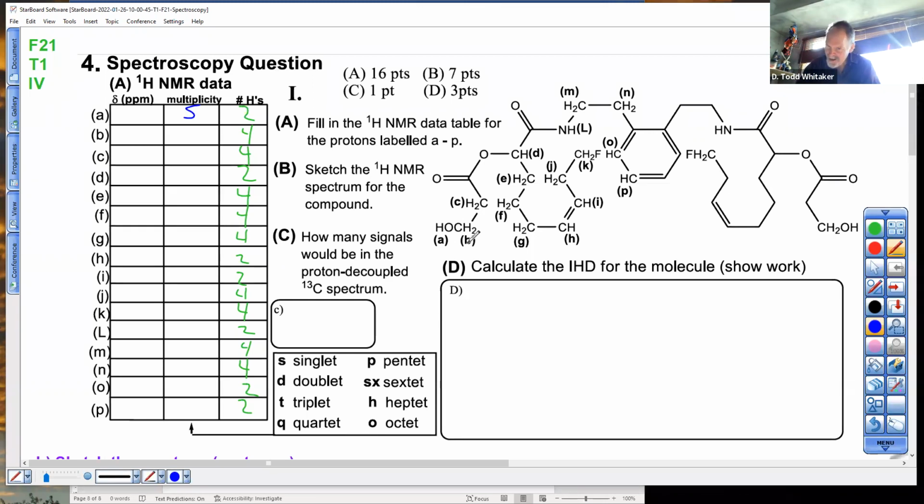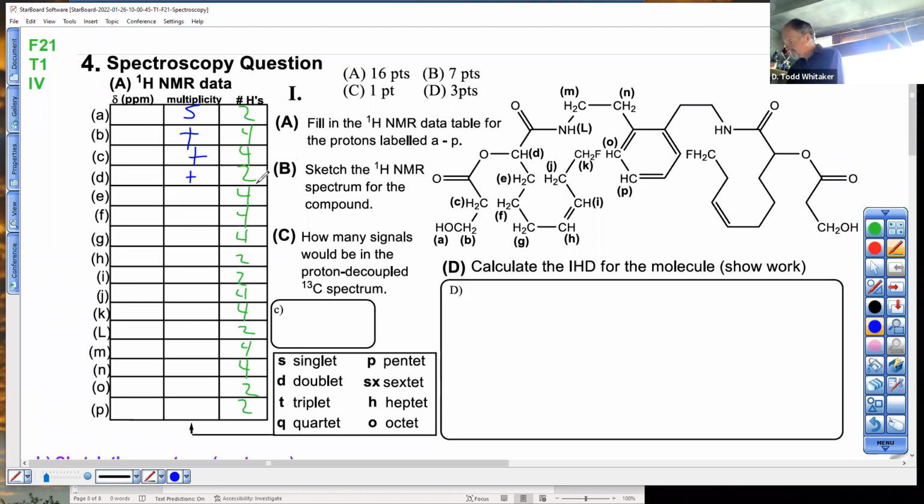B, it has neighbors, but they're not called A. These are neighbors. These are not, because that's not a carbon. So 2 neighbors plus 1 is triplet. C, 2 neighbors called B plus 1 is triplet. D, no neighbors here, clearly no neighbors there. 2 neighbors here. D is another triplet.